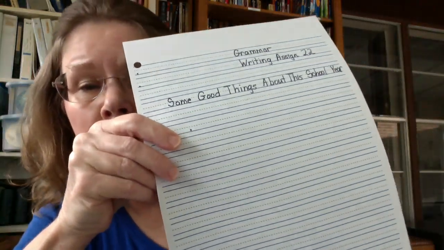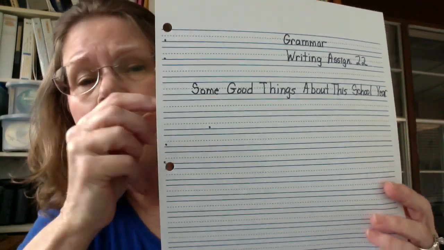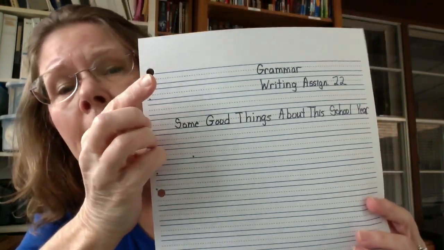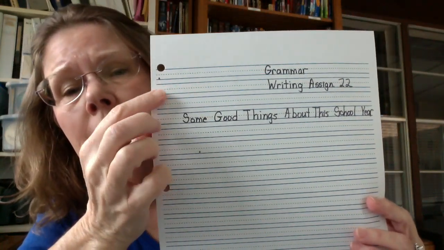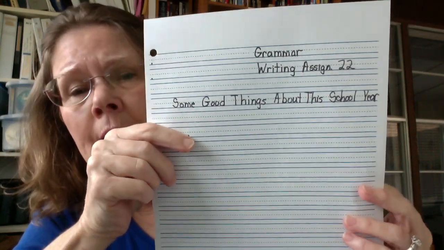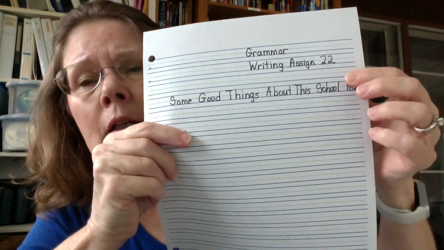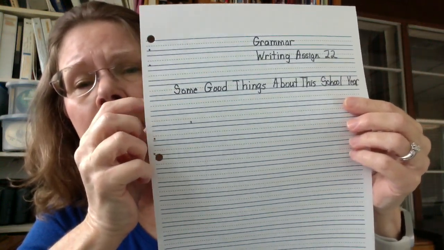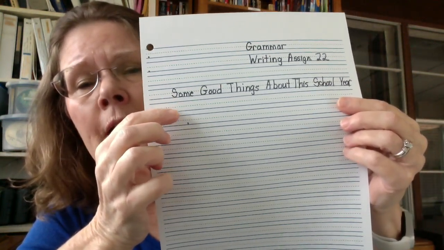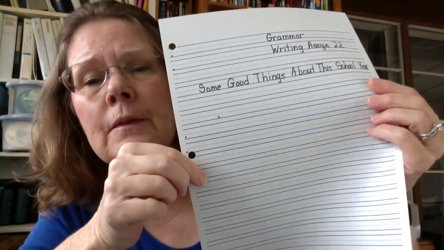Some of you use regular notebook paper, and that's fine. But I still would like you to put your heading up here, your name, your date, and then over here, this is what it is. All right? Skip a line. First line is indented. All the other lines are out here on the edge.